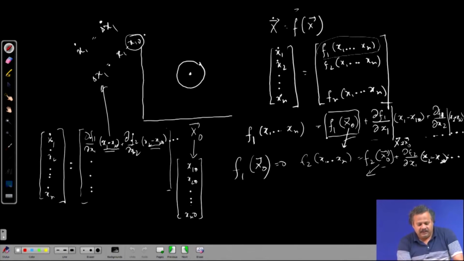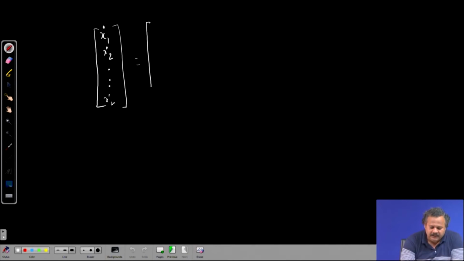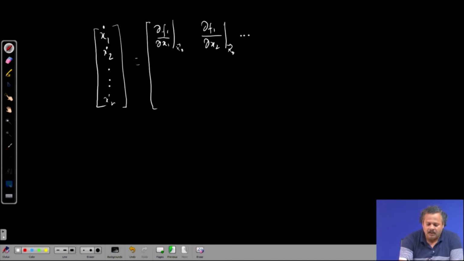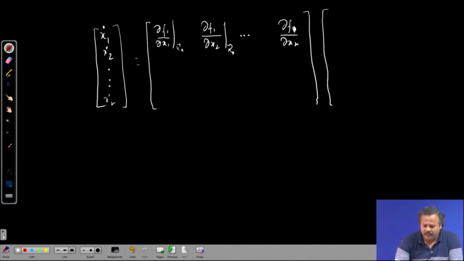We can write it simply as a matrix multiplied by a vector, where we have del f1 del x1 as the first term along the first row, del f1 del x2 as the second term in the first row, and so on, multiplied by the vector x1 minus x1 naught, x2 minus x2 naught, up to xn minus xn naught. Here each derivative is evaluated at the equilibrium point, up to del f1 del xn.